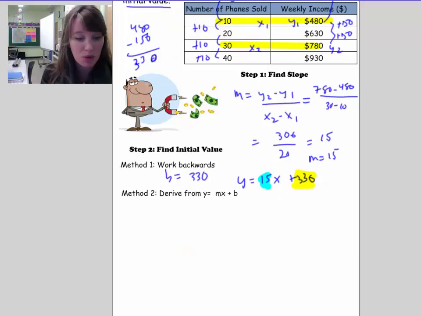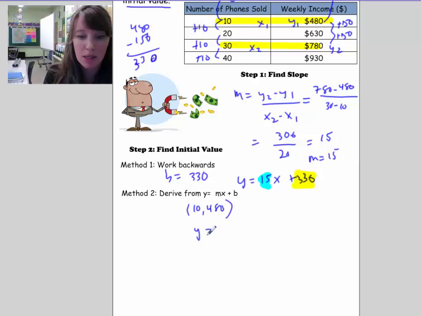Now again, we could use the second method in order to derive the y-intercept if we would like to. So we could just pick a point. Let's pick 10, 480. And then y is equal to 15 times the x value, which is 10, plus b.